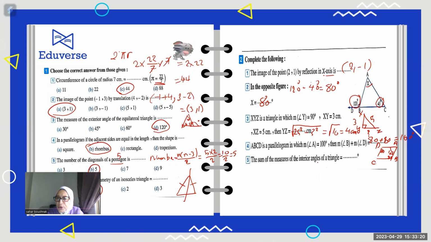The sum of the measures of the interior angles of a triangle equals 180 degrees, sorry.